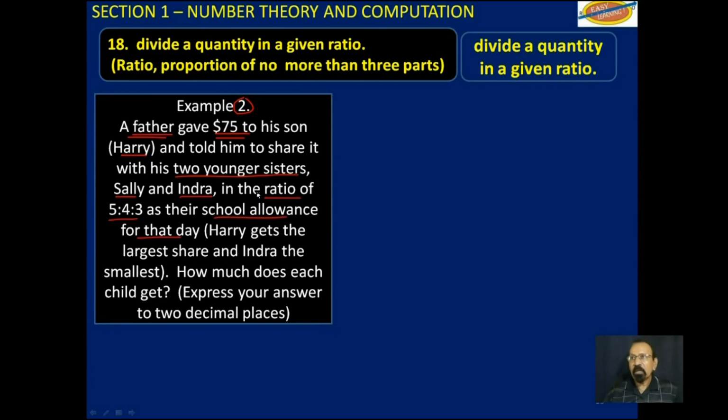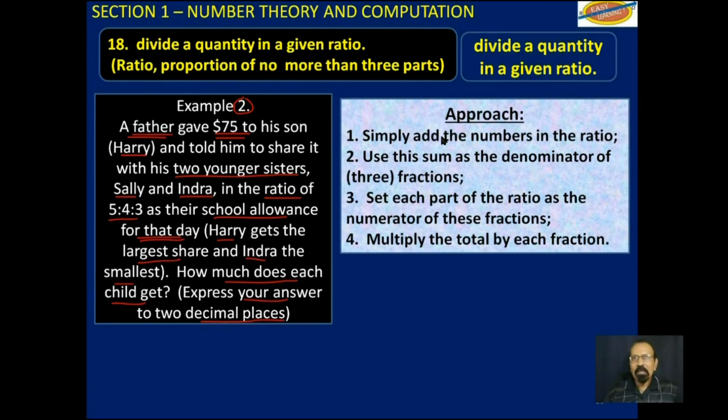And Harry is to distribute this $75 in the ratio of 5 to 4 to 3 as their school allowance for that day. Harry gets the largest share and Indra gets the smallest. How much does each child get? Express your answer correct to 2 decimal places, like dollars and cents.